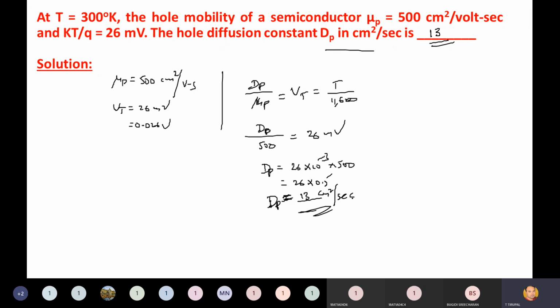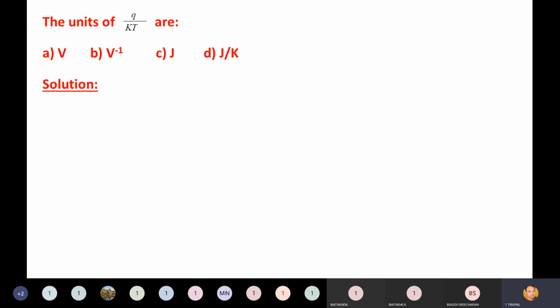Okay. So likewise you need to find. Next. Tell me the units of this.